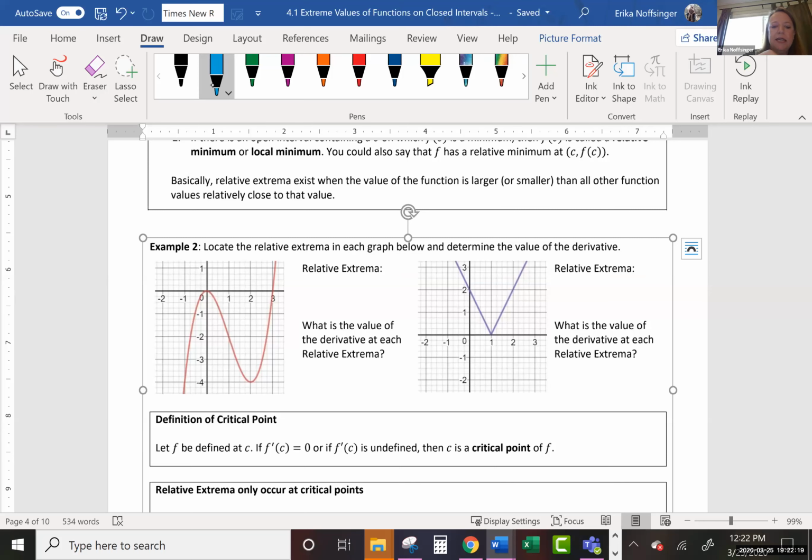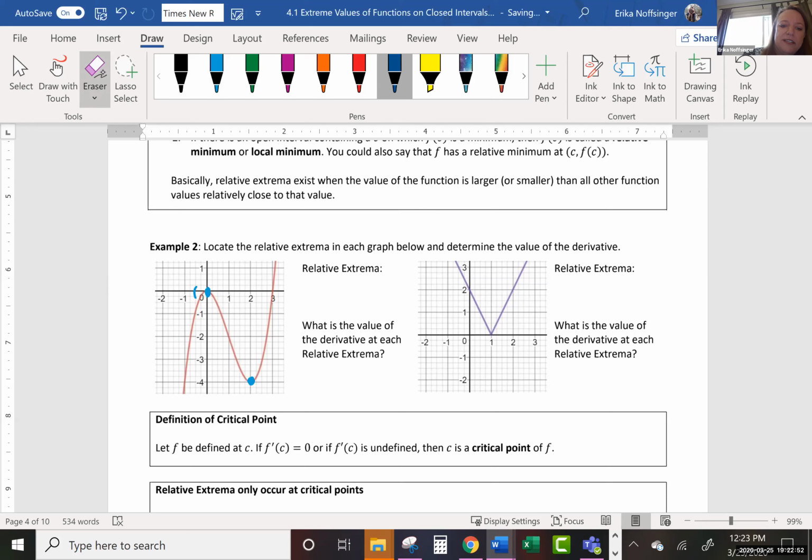And so looking at this, I can tell that at this point (0, 0), what type of point is that? And I have a point here at (2, -4). I can sandwich that point (0, 0). I can choose any interval around that, small or big, and that's going to be the biggest point in that interval. Like if I just sandwiched it in here, this is the biggest point for all the y values where I had just chosen.